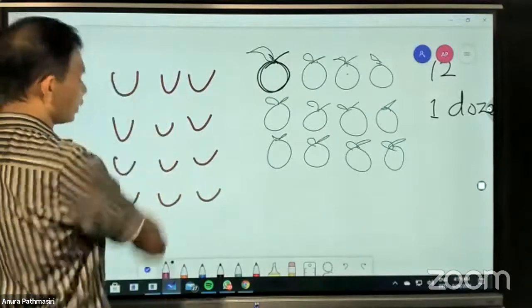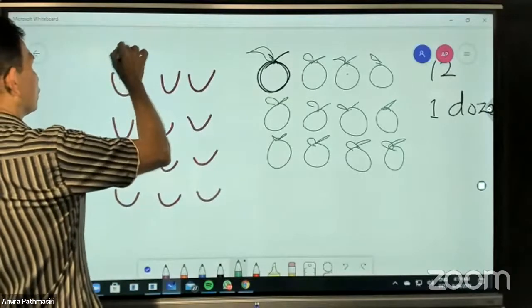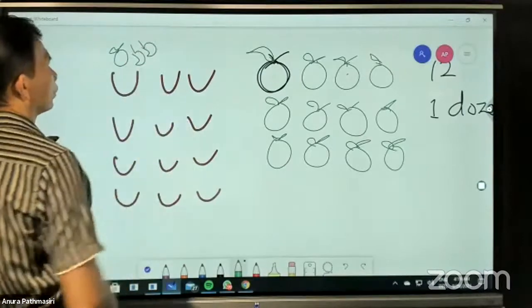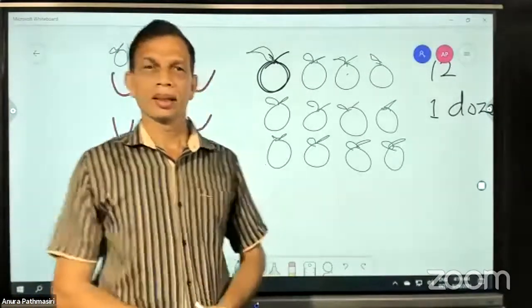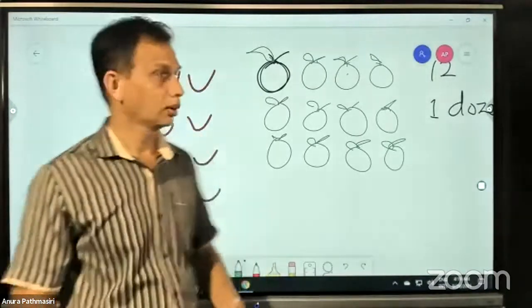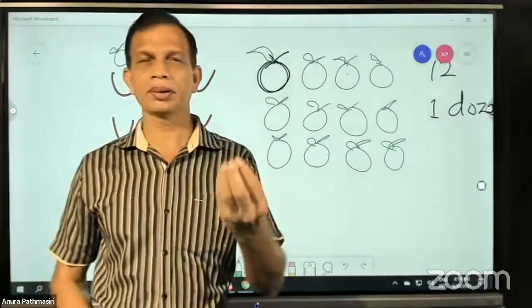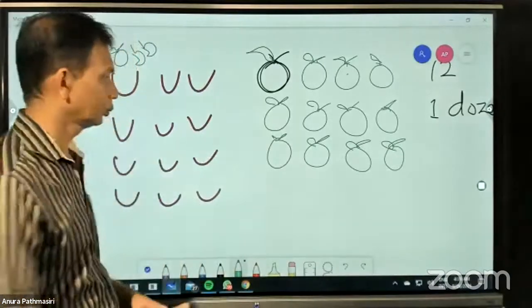And each contains one orange, two mangoes. Now, my simple question is, how many buckets of fruits are there? 12.